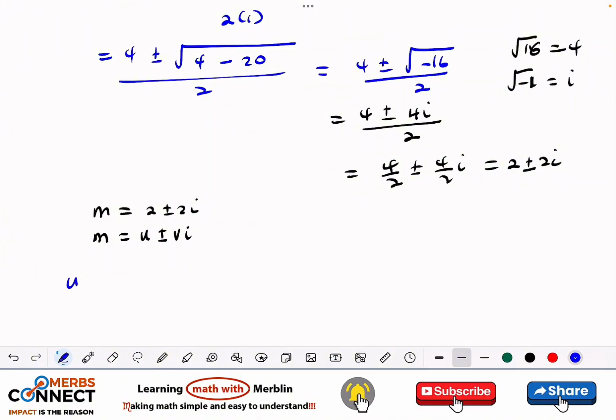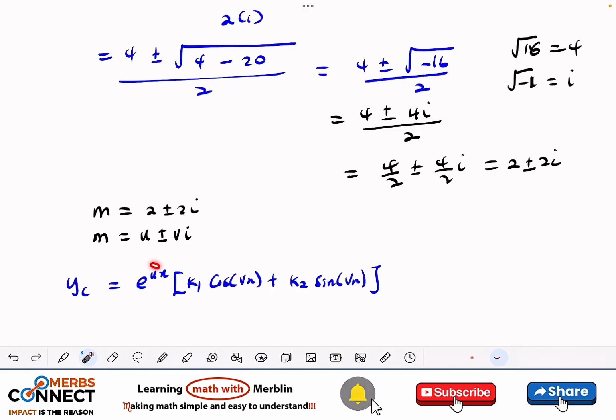So this is going to give us y_c equal to e to the power ux times k1 cos of vx plus k2 sine of vx.